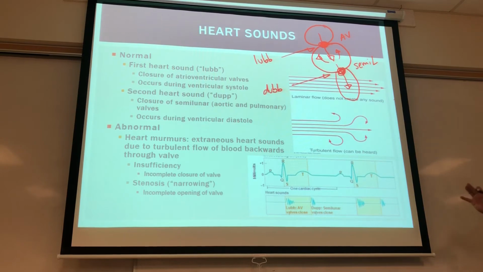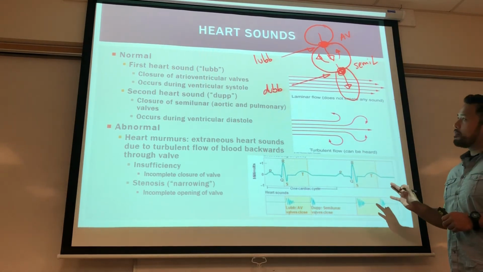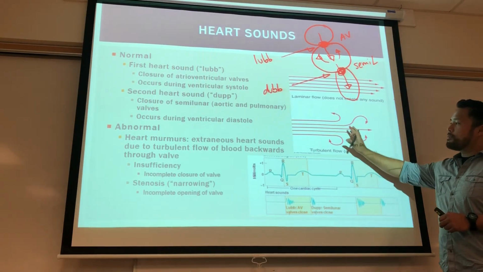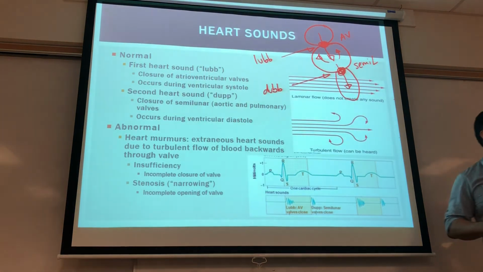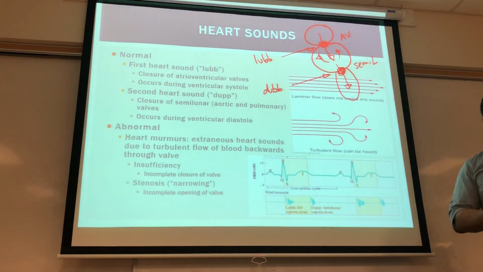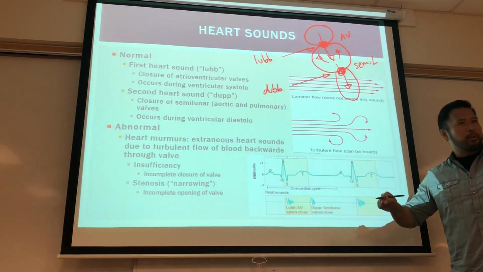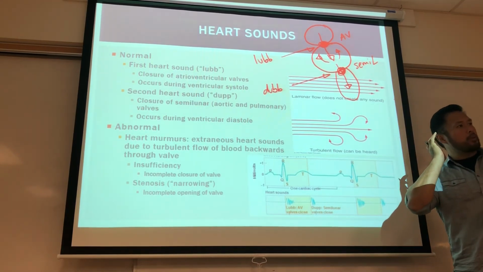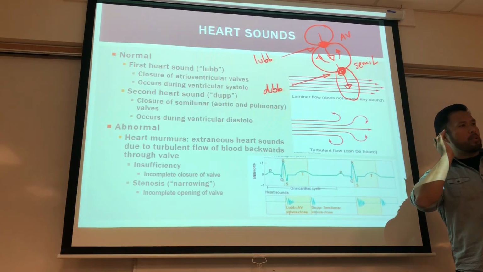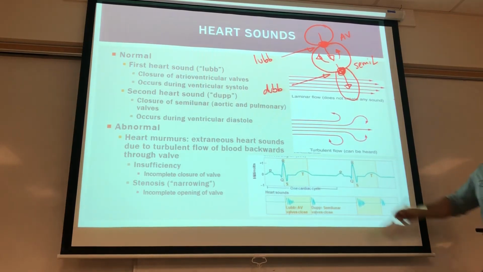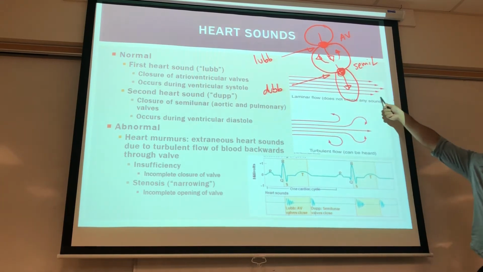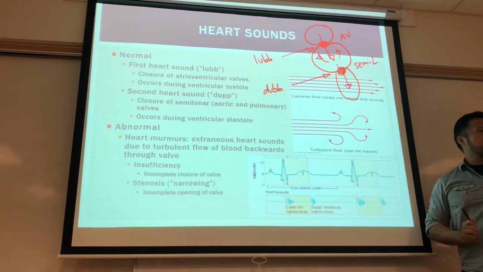The other things that you should not hear are the sounds of turbulent flow. So take a garden hose and make sure it's completely straight, like a perfect garden hose, and put your ear up to it. You shouldn't hear any sounds, because smooth laminar flow just causes fluid to flow through easily.